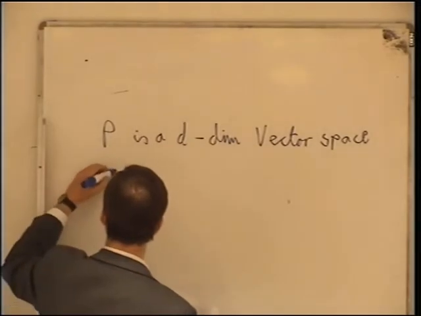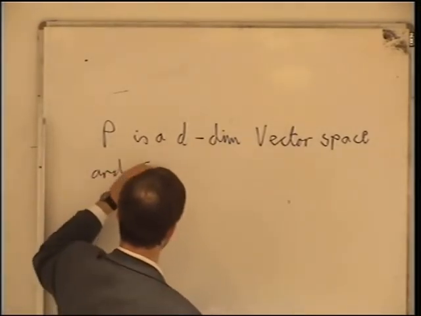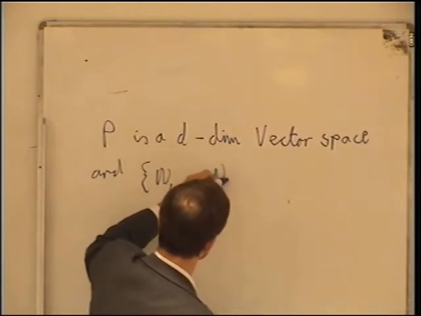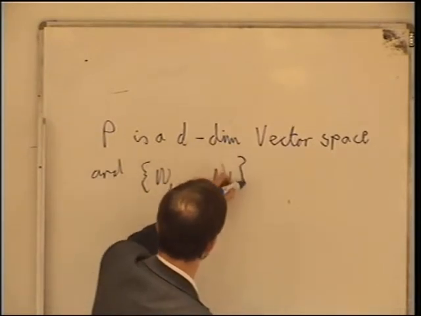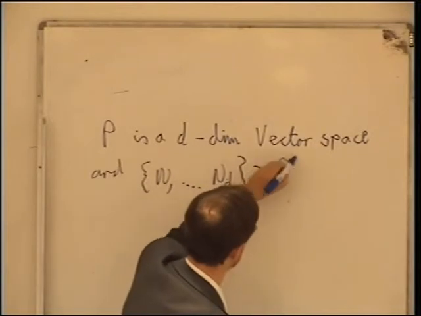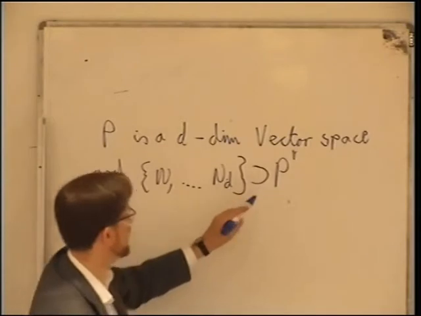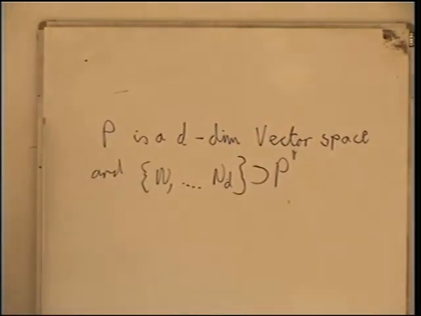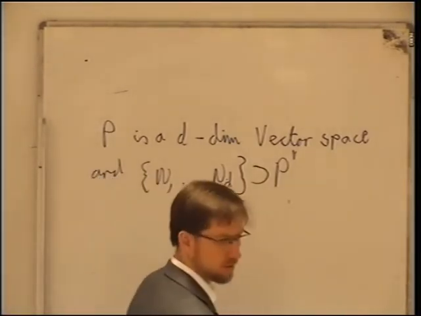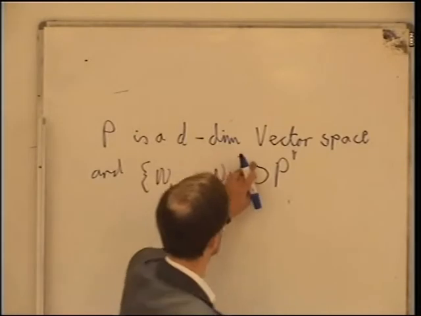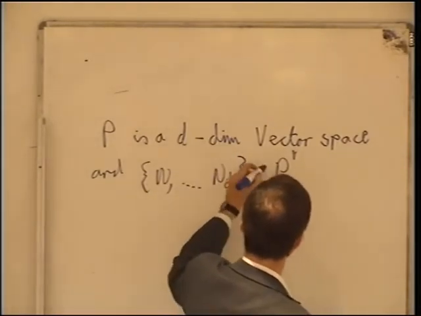And N1 to ND is a subset of the dual space. So these aren't vectors, they are functionals on those vectors, linear functionals on those vectors. Sorry, yes. They are in P.